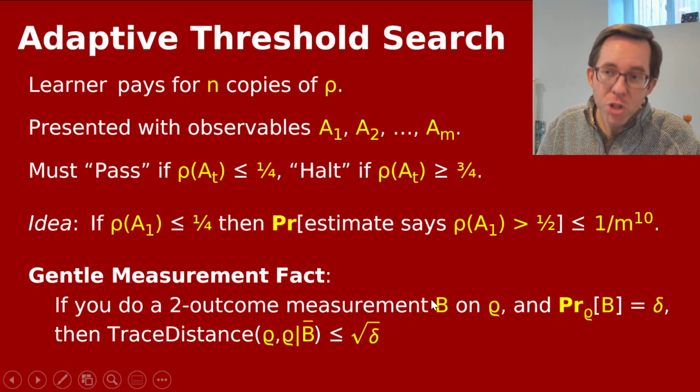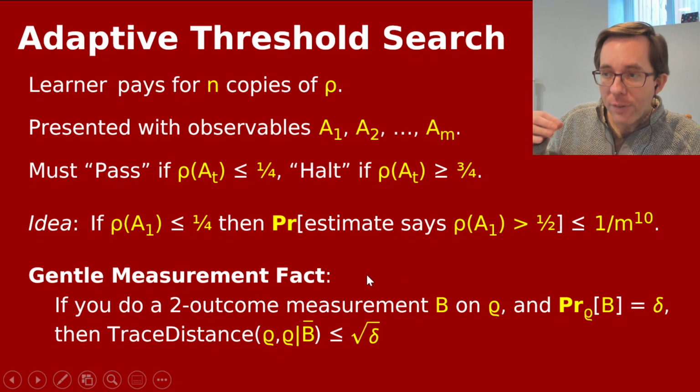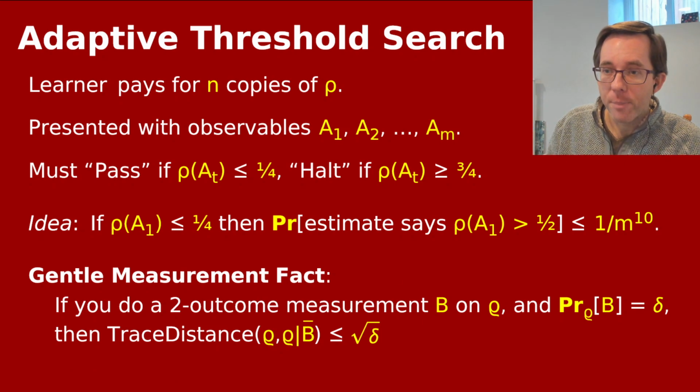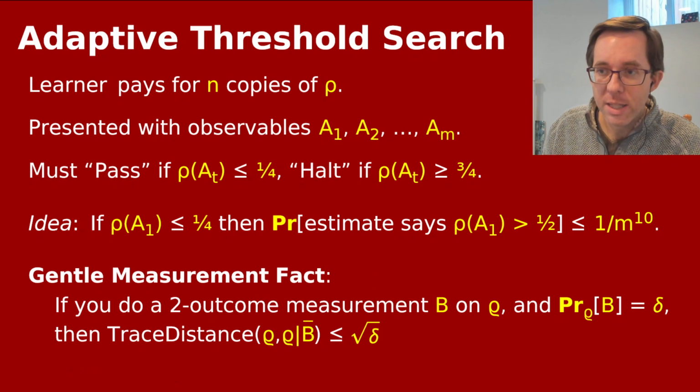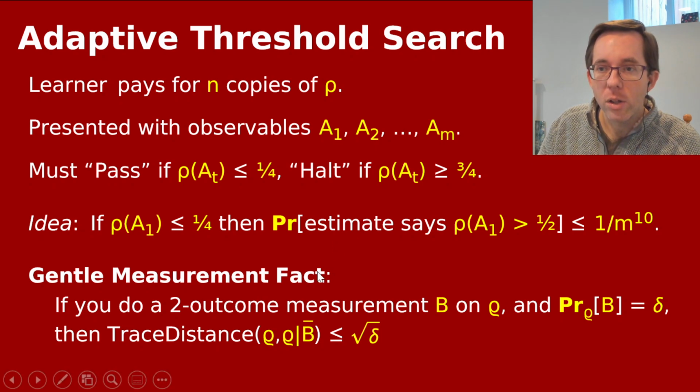If you do any two-outcome measurement on curly rho, like our estimate here, and the probability of outcome B occurring is really small, then if you do the measurement and not B occurs, which is the expected outcome, then the disturbance caused by the measurement is really small.